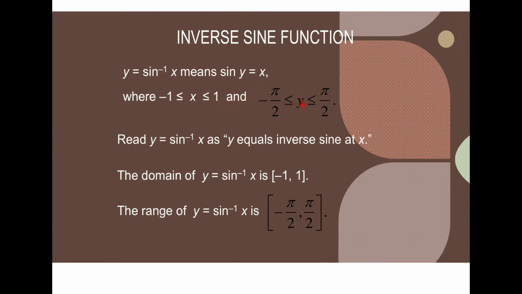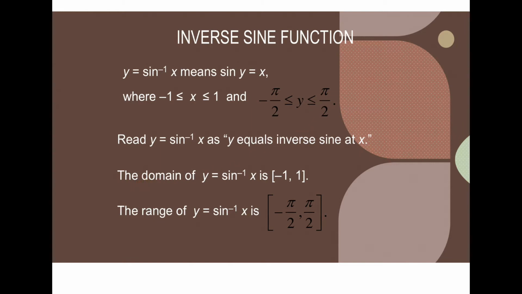And then y will be somewhere between negative pi over 2 and positive pi over 2, and can equal either of those ends. So the arcsine of negative 1 gives me negative pi over 2, and the arcsine of positive 1 gives me positive pi over 2. We read this as y equals the arcsine of x, or y equals the inverse sine at x.